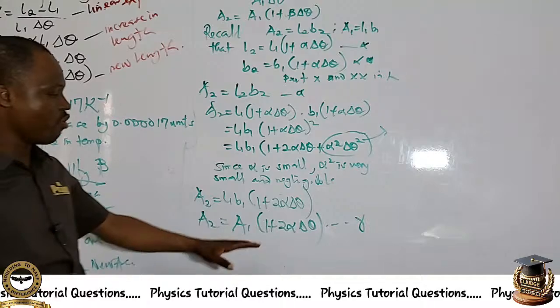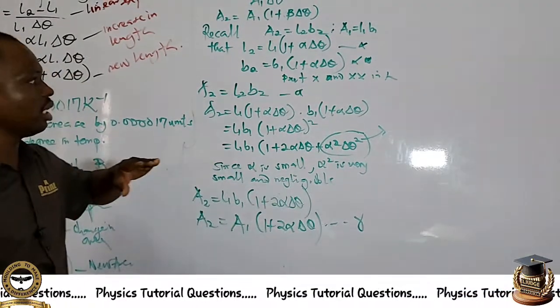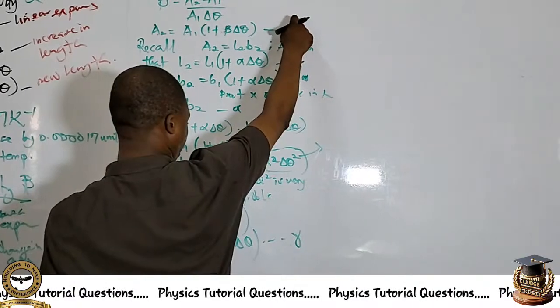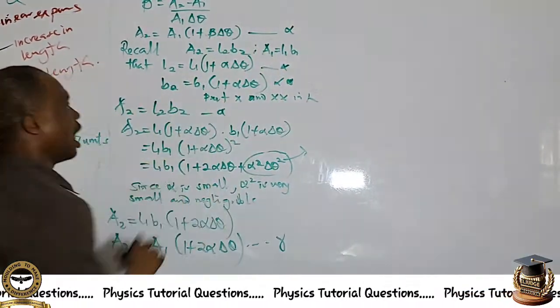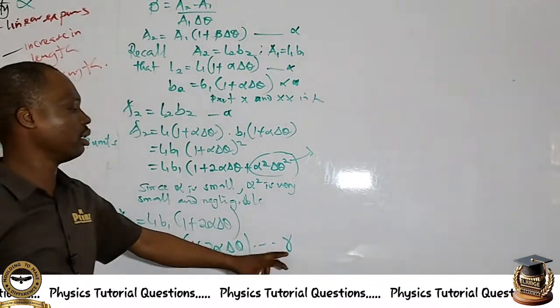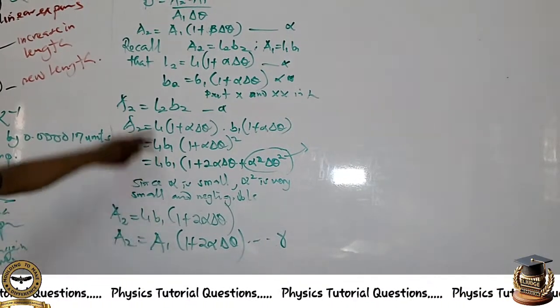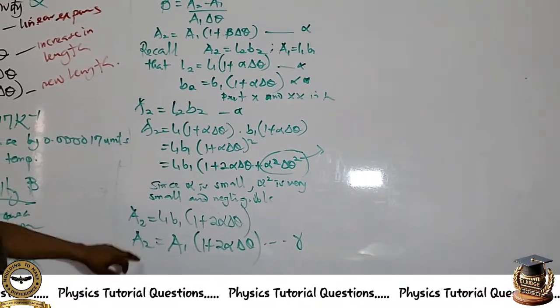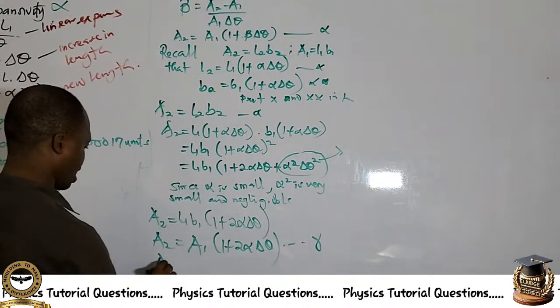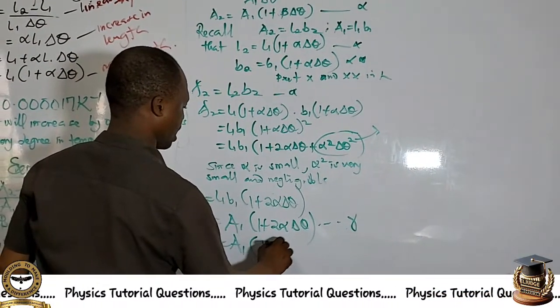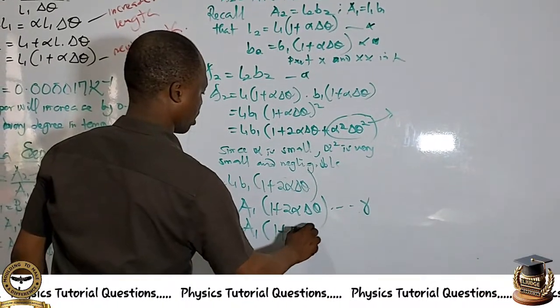Now, let's call the original equation we have equation alpha. I'm comparing this equation alpha with equation gamma. You will see that A2 is A1 times 1 plus beta delta theta.